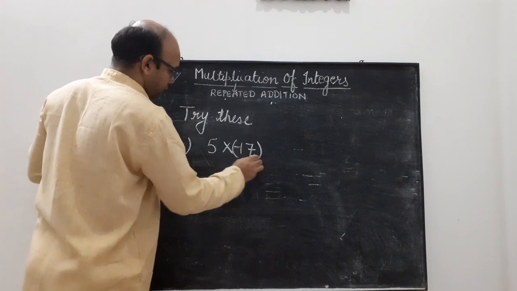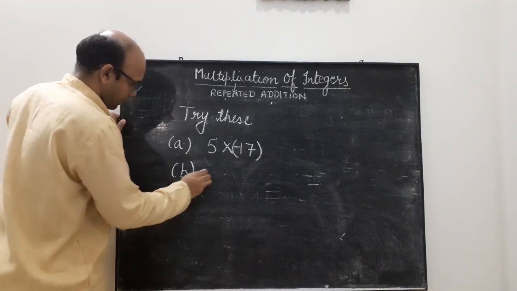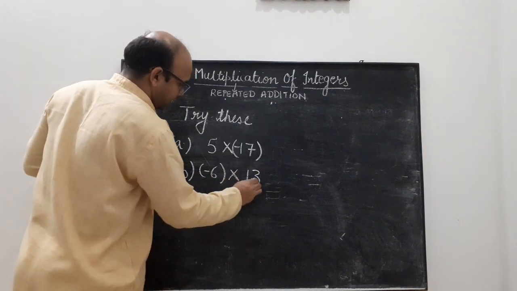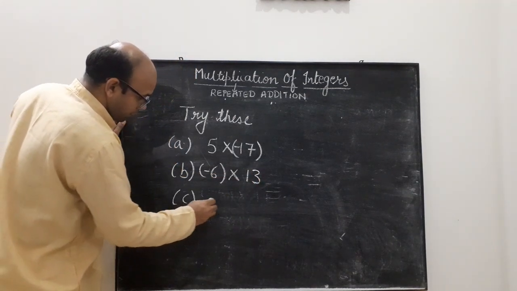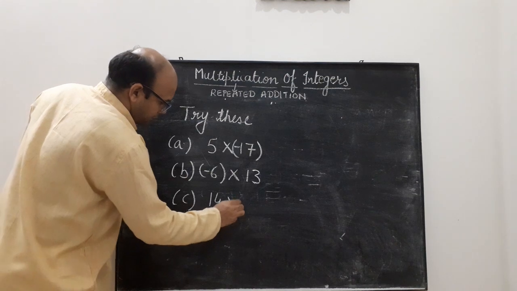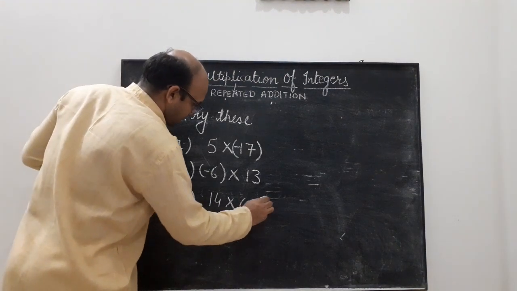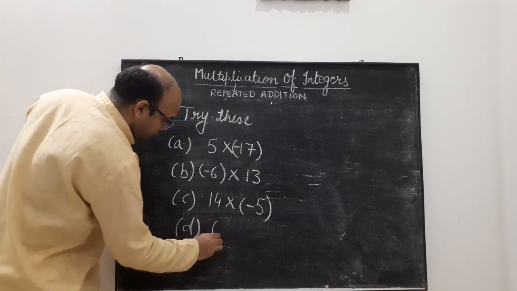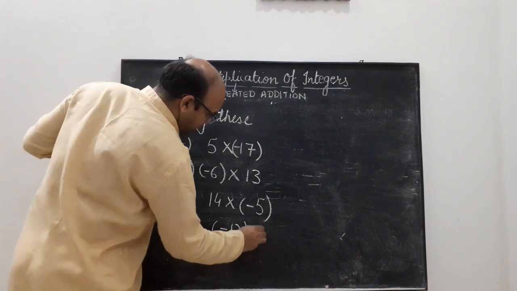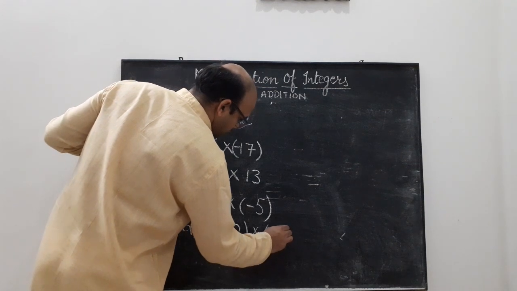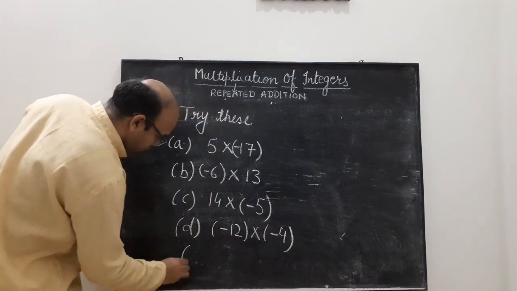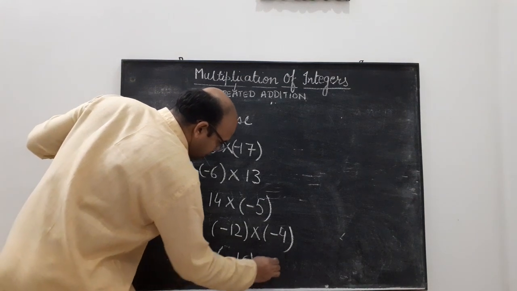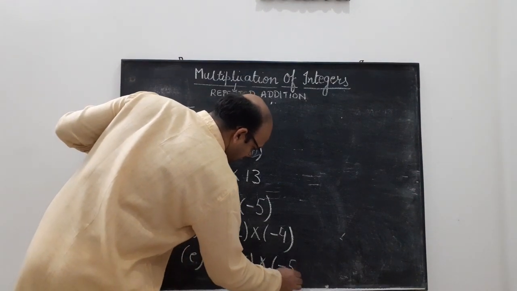Minus 6 cross 13, 14 cross minus 5, minus 12 into, say, minus 4, minus 16 into minus 5.